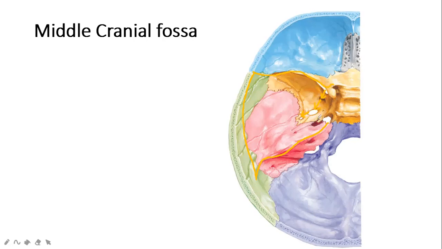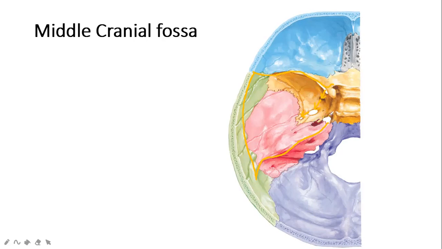This foramen over here is the foramen lacerum. Are we together? What you have to understand about the foramen lacerum is that it's not within one bone. Can you see?